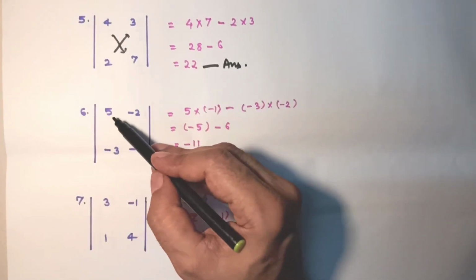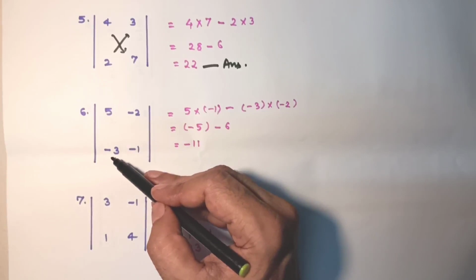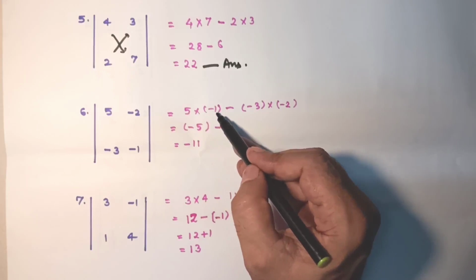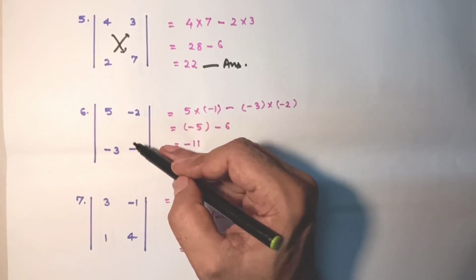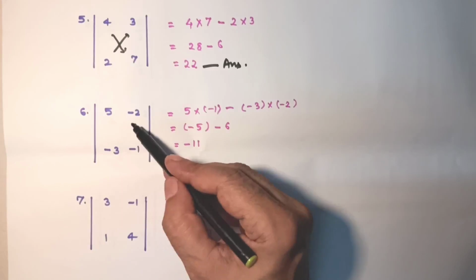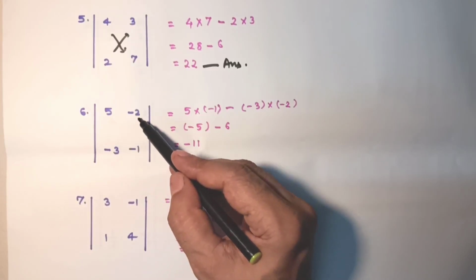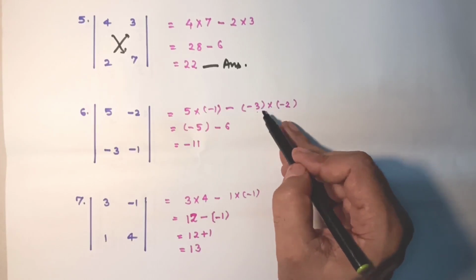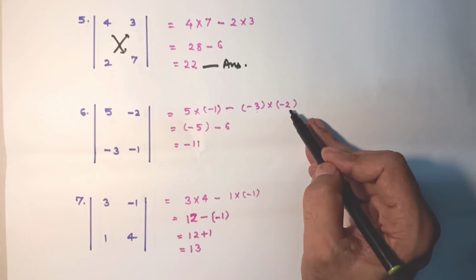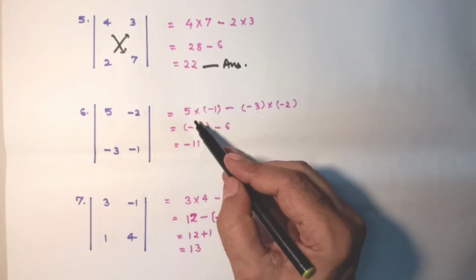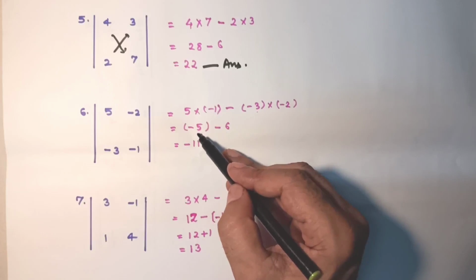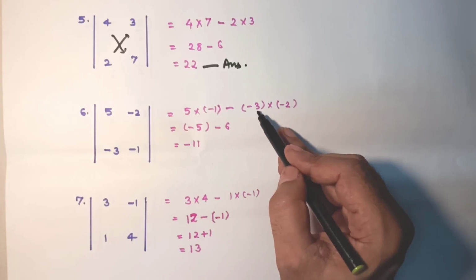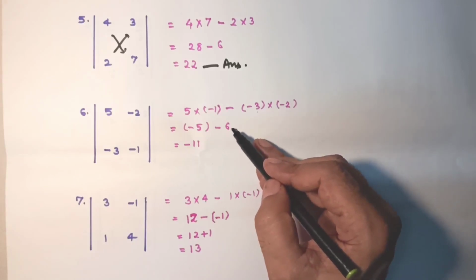Sixth question, 5 minus 2 minus 3 minus 1. So you will write 5 into minus 1, and this minus 3 into minus 2, write in brackets, minus 3 one bracket, minus 2 because these are negative numbers. 5 into minus 1 is minus 5, minus 3 into minus 2 is 6, plus 6.